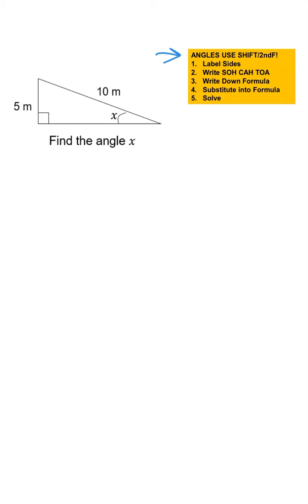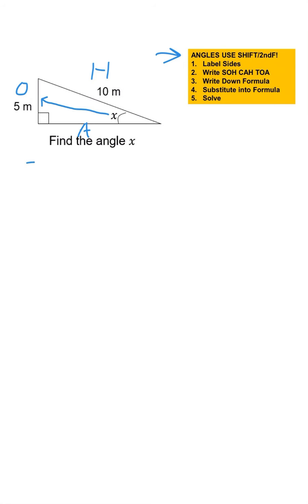Now the first thing I'm going to do is label the sides. First of all, 10 is our hypotenuse, because it's opposite the right angle. Then the angle here is X, so drawing a line straight across, that means 5 is our opposite. And then we're left over with the adjacent. Now that's step 1.